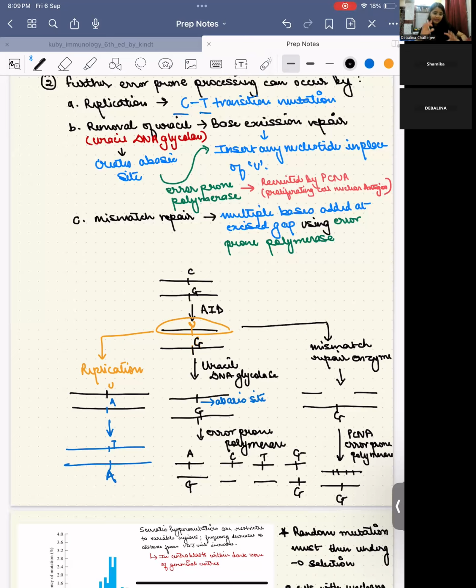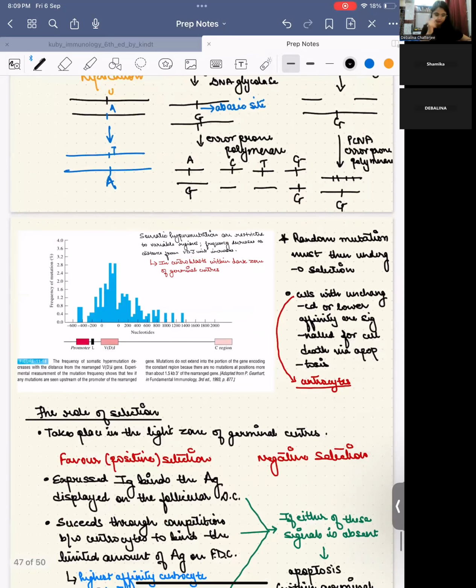So these are the basic three mechanisms by which hypermutation is brought about inside a B cell receptor.